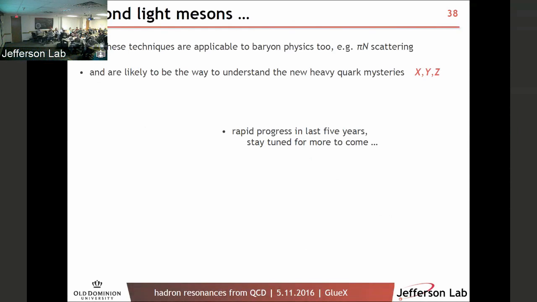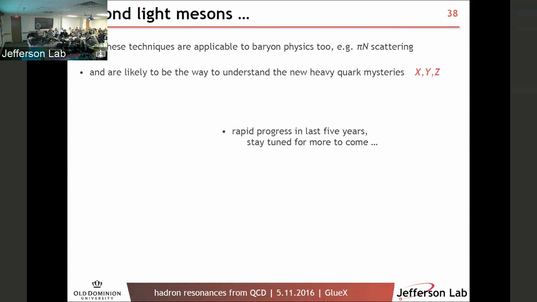It hasn't been done yet, but it can be done. It's also, again, to refer to something that Matt was showing, you've got these mysterious new states in charm and charmonium, the X, Y, and Z states, coming out of high precision, high statistics data. These techniques are going to be the way to understand those states eventually.